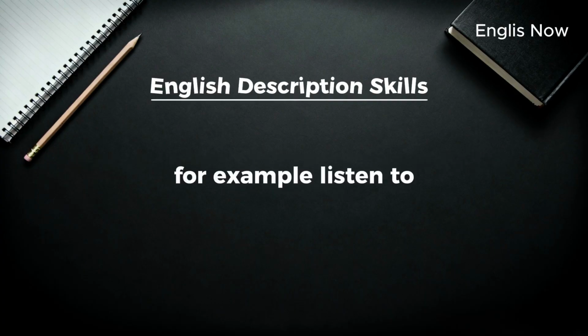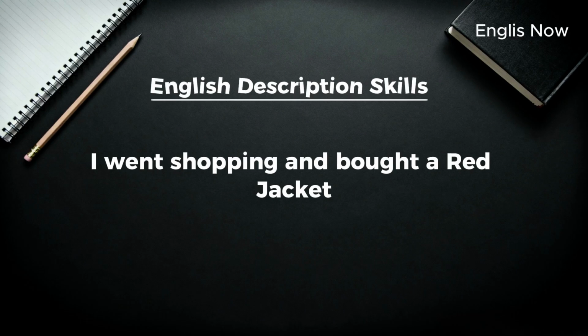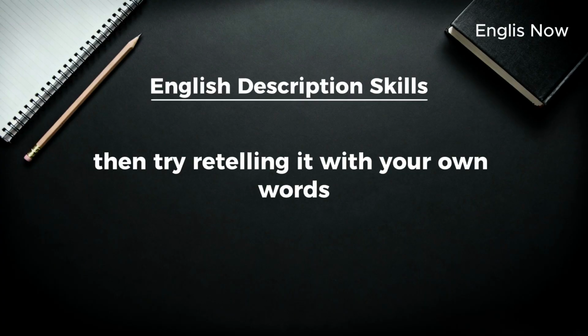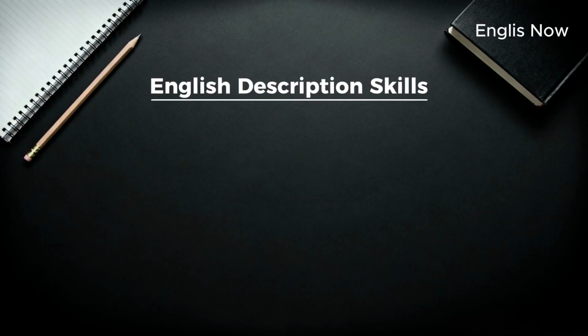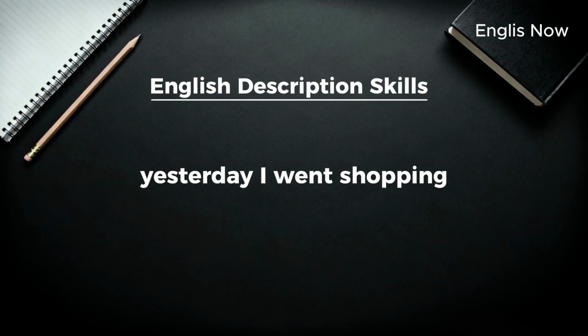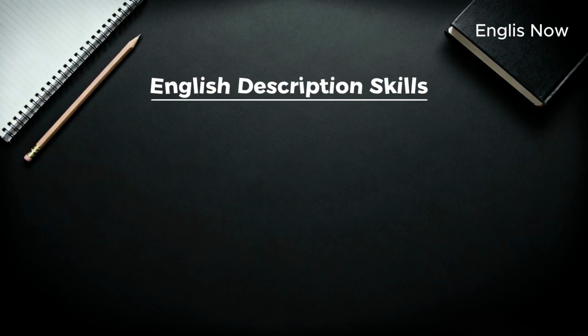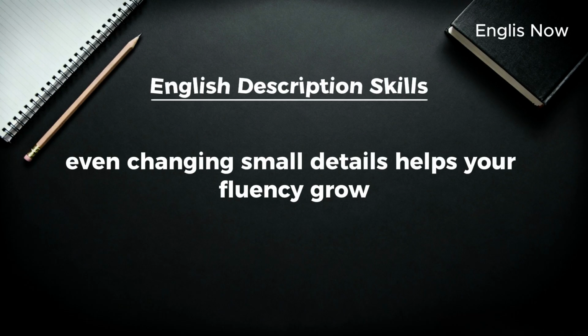For example, listen to, I went shopping and bought a red jacket. Repeat. Then try retelling it with your own words. Yesterday I went shopping, and I found a beautiful red jacket on sale. Even changing small details helps your fluency grow.